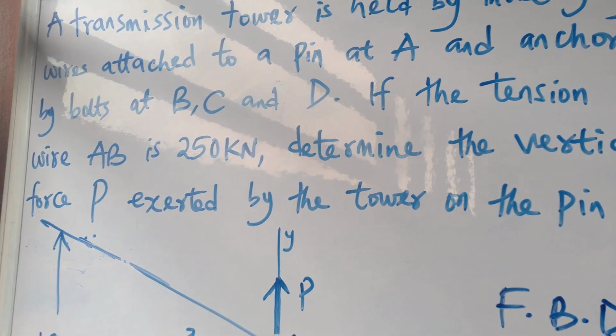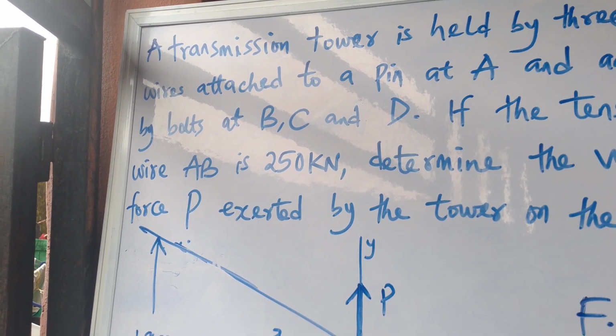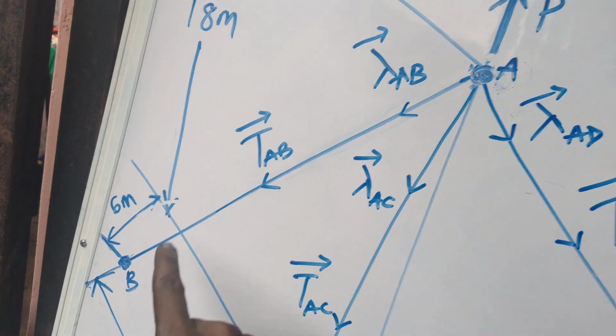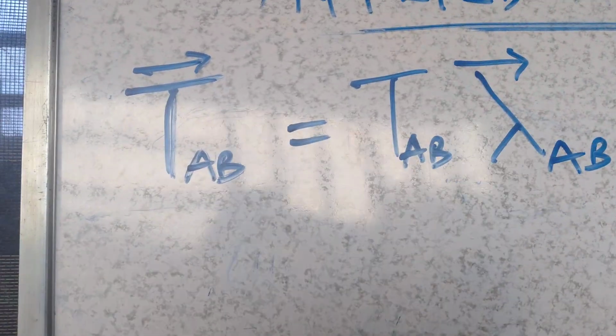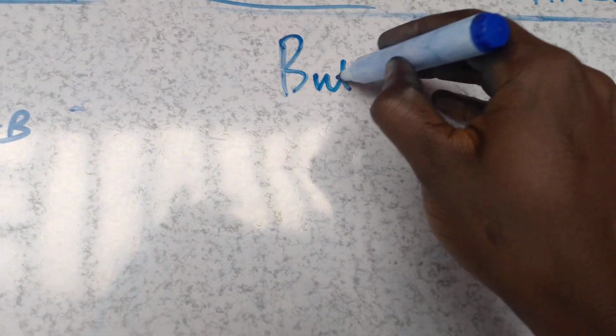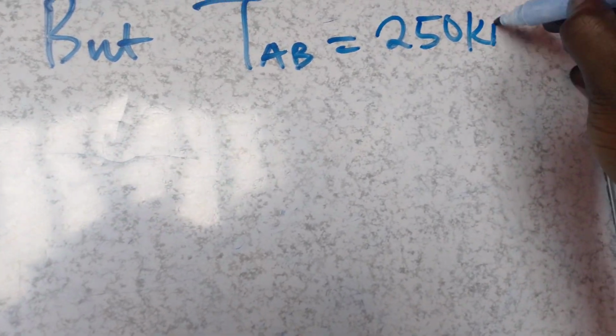I said, if the tension in wire AB is 250 kilonewton, so the tension acting along wire AB is 250 kilonewton.